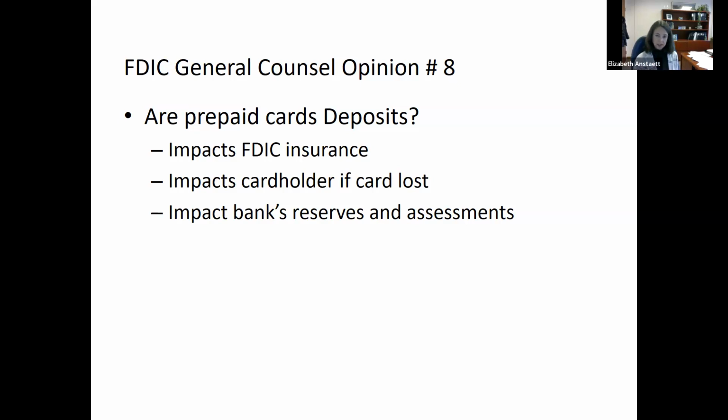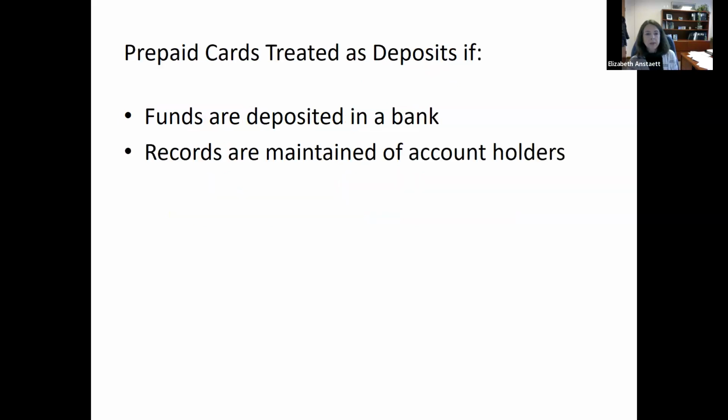And so the FDIC really went back and forth on this issue for quite some time, but ultimately it has been determined that if the funds are deposited in a bank, which as I mentioned at the beginning of the module, they typically are, and if records are maintained of account holders, they are treated as deposits.